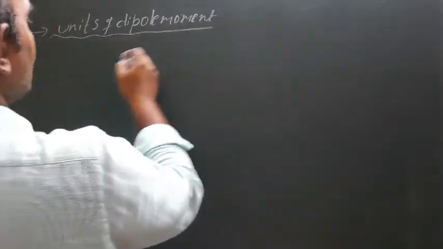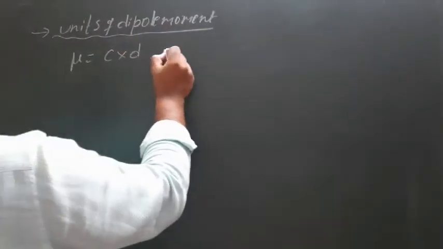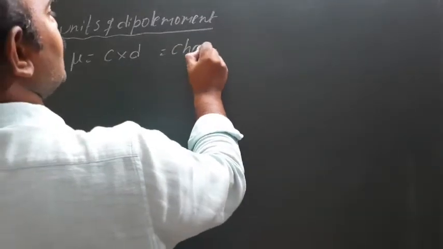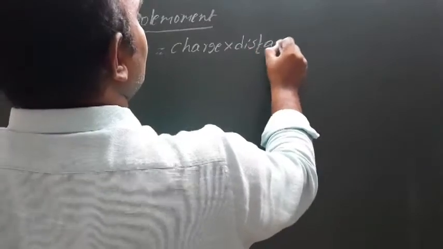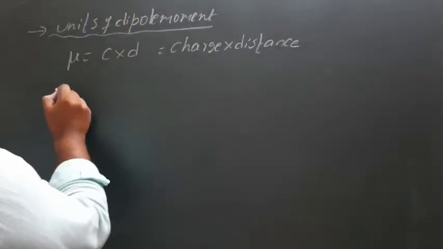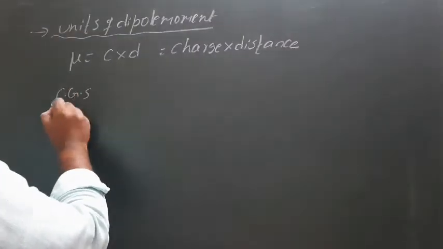Here, generally what is the formula of dipole moment? Dipole moment is equal to charge into distance. Nothing but charge into distance. Now coming to the CGS unit.